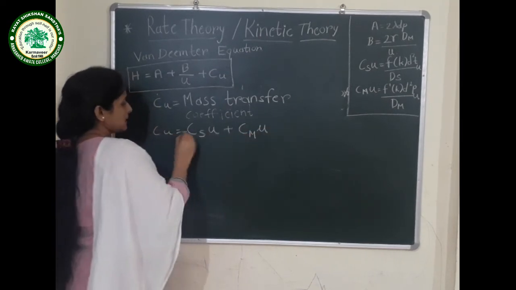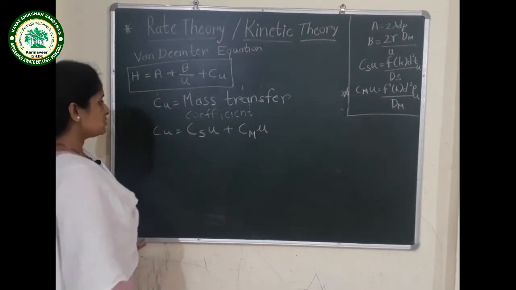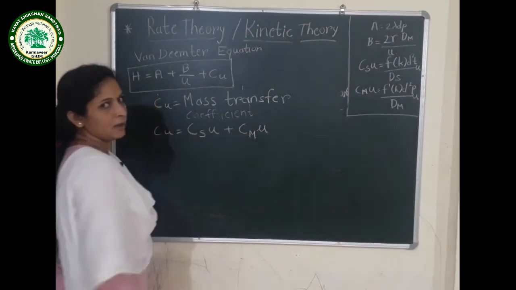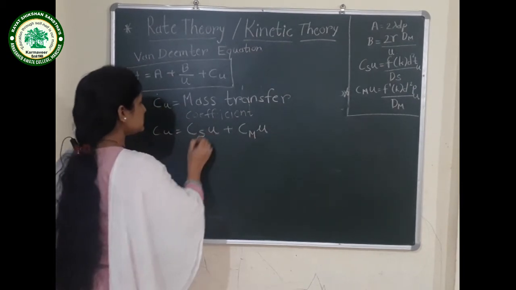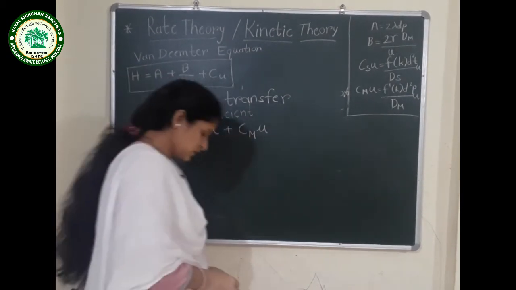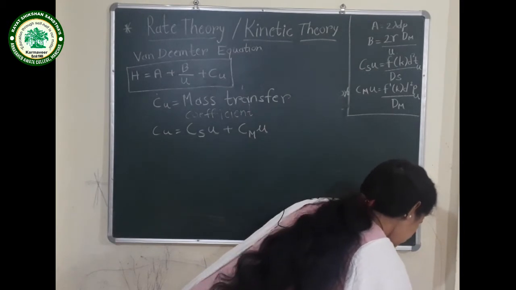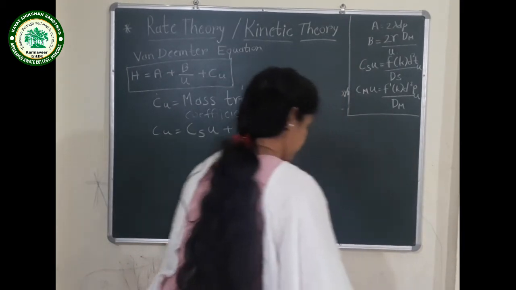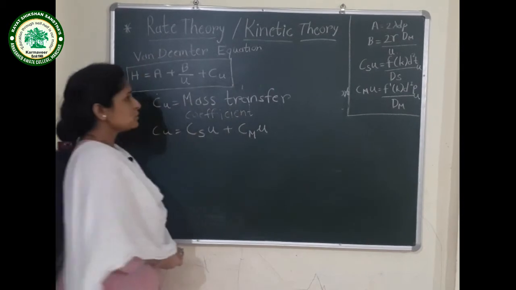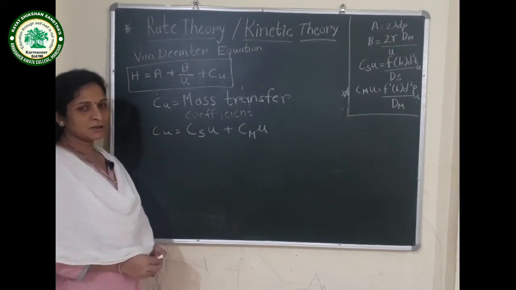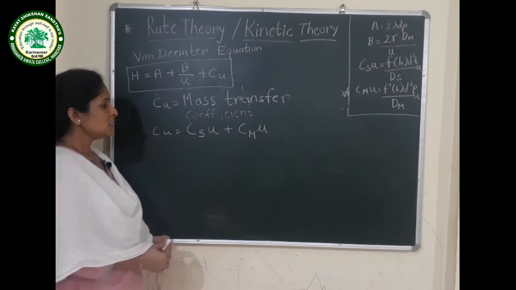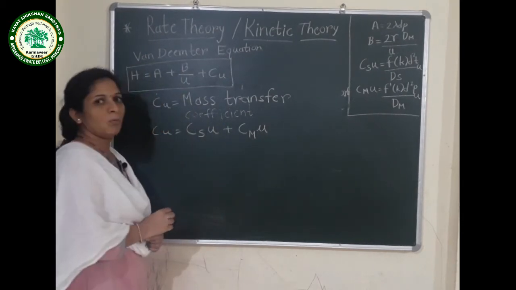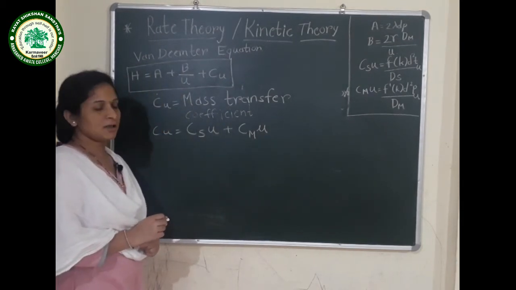Means what? Mass transfer in the stationary phase and mass transfer in the mobile phase. Now for this mass transfer coefficient in the stationary phase, we are using a solid stationary phase and a liquid stationary phase. When we are taking a liquid stationary phase, this liquid is immobilized on the solid surface.